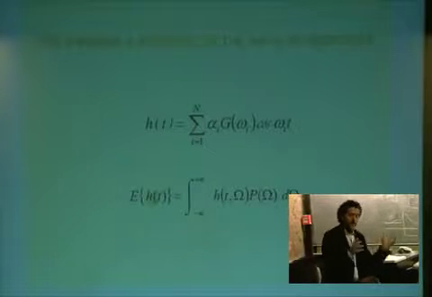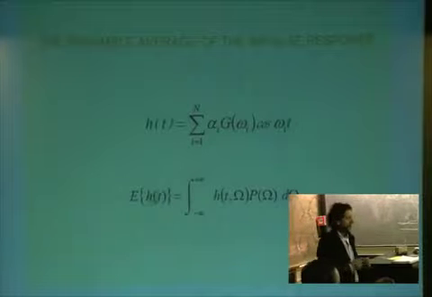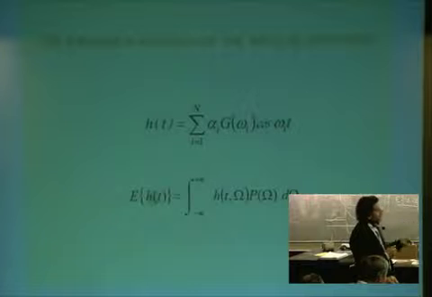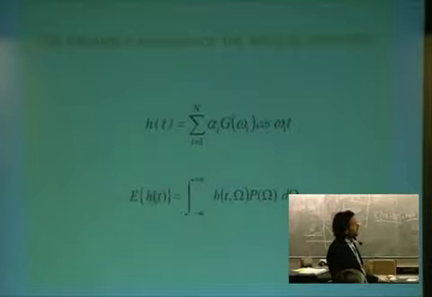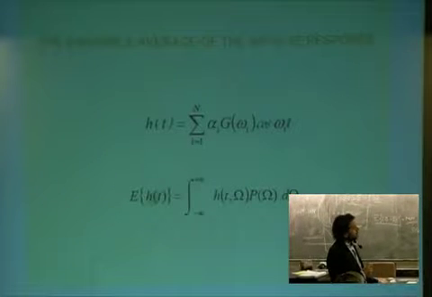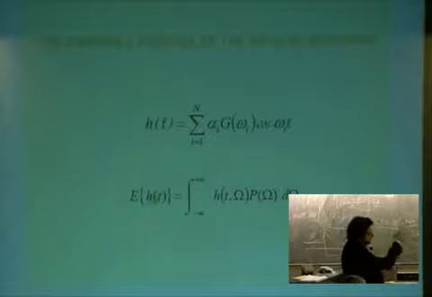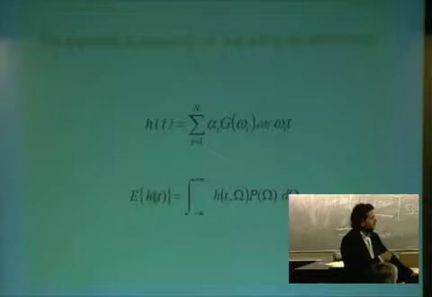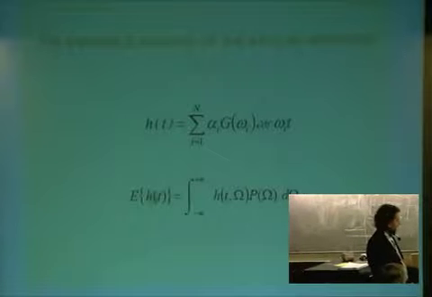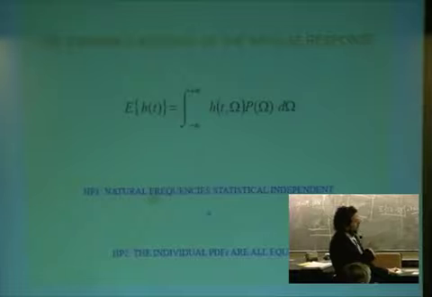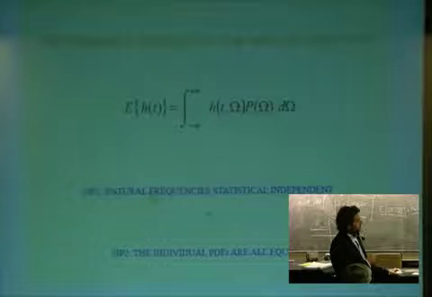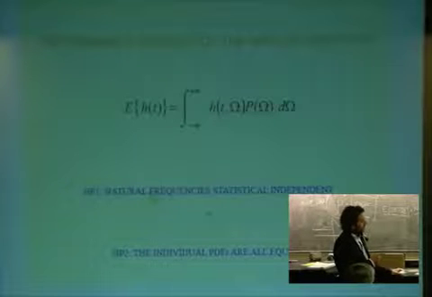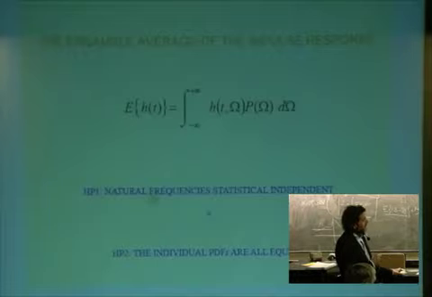So each sample has a different natural frequency from each other. Then I can compute the average of the impulse response, just giving this integral of the joint probability function times the characteristic ht. So we can use both the hypotheses that we introduced. So the natural frequencies are statistically independent and the individual PDFs are all equal.